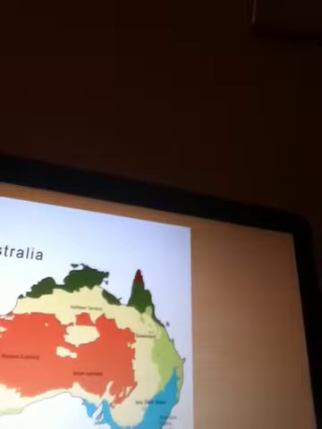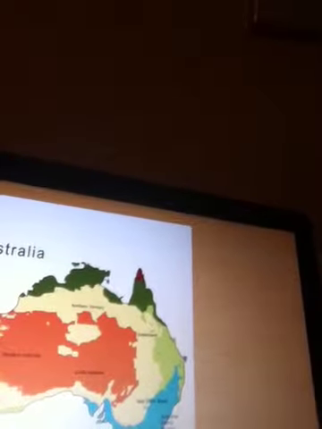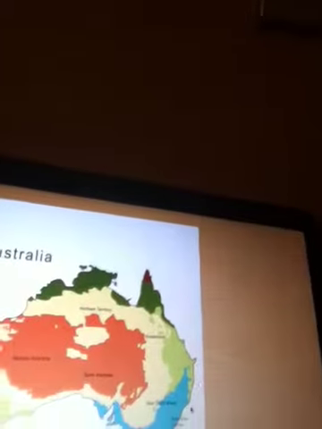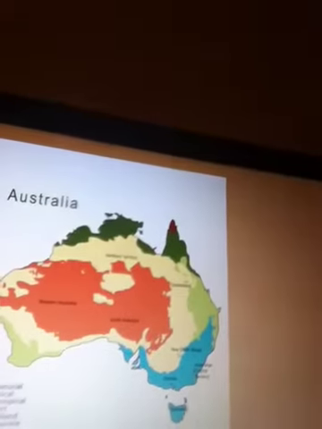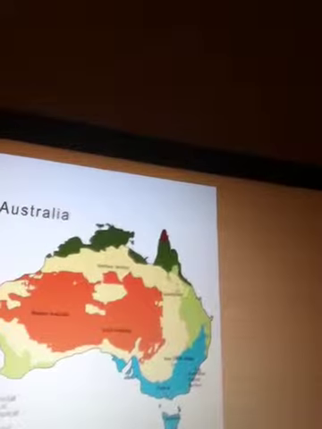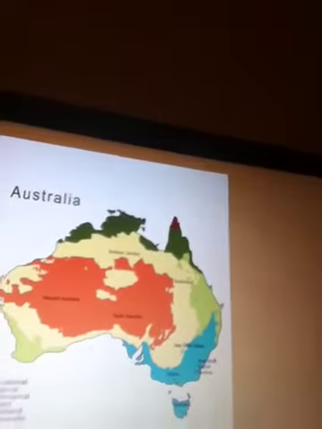Then as you move down, right around here in this region is Brisbane. Then you see a subtropical type climate, and there's a lot of deciduous type trees around in here. And then you move further down. Right down in here is Sydney, and that's just a temperate climate.